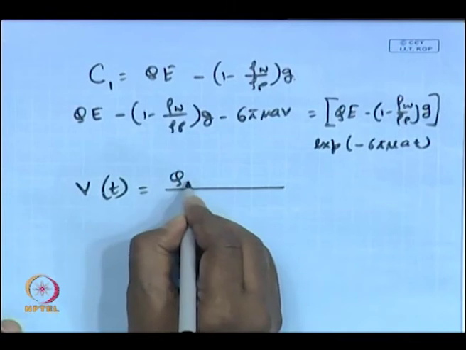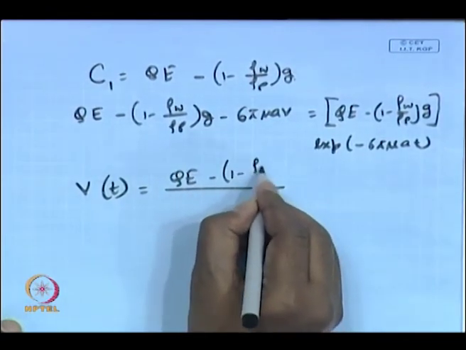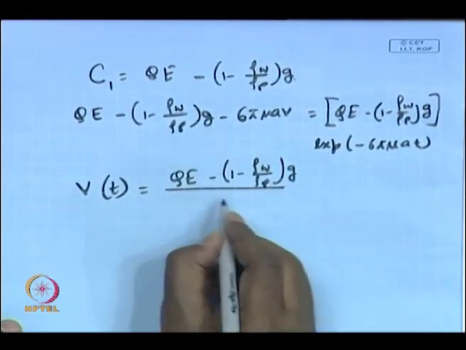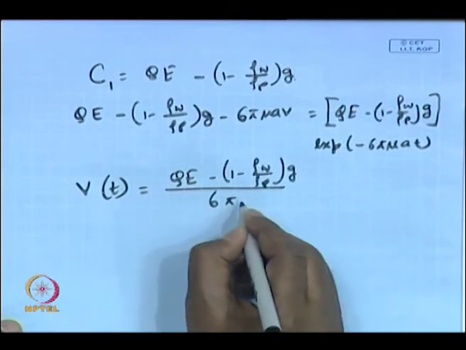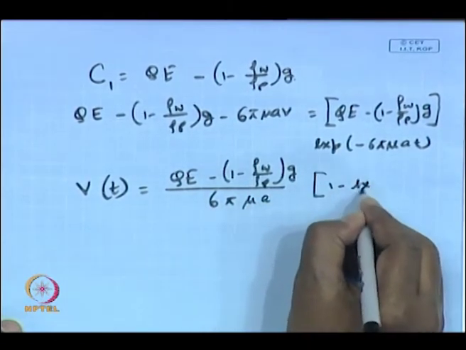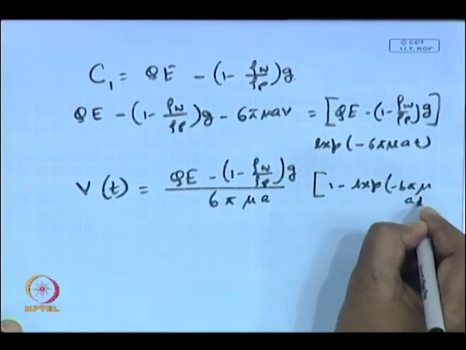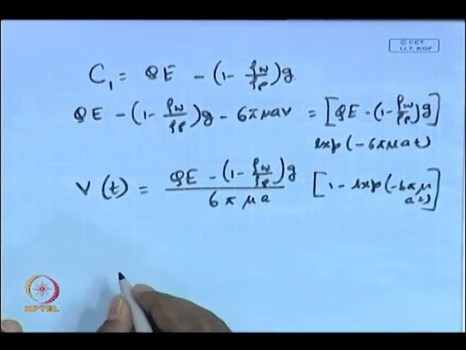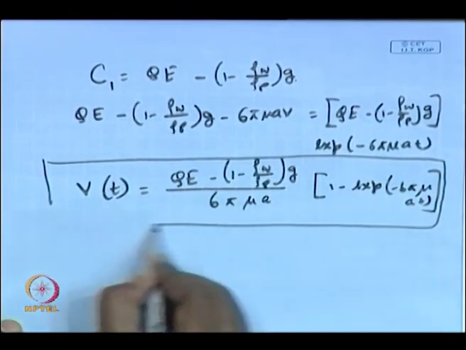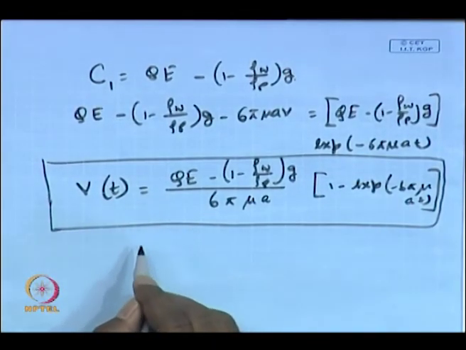It is Q times E minus 1 minus rho w by rho p times g over 6 pi mu A, times 1 minus exponential minus 6 pi mu A t. So, that gives the complete expression of velocity variation as a function of time.